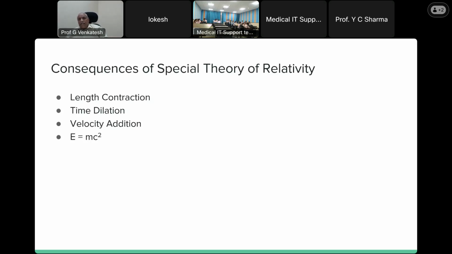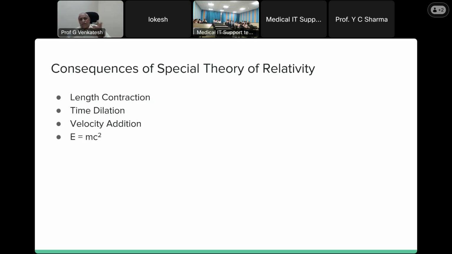But in the special theory of relativity, we have a new velocity addition theorem. It is not V1 plus V2, it is V1 plus or minus V2 divided by 1 plus or minus V1 V2 by c squared. That is the relative velocity, a new addition theorem.